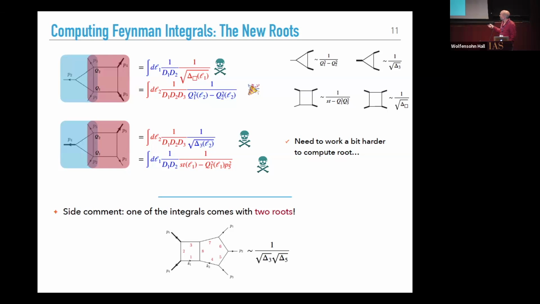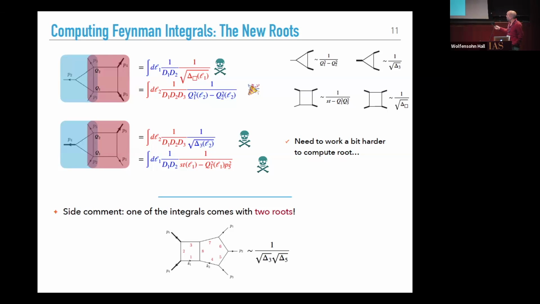For instance, here, if I first integrate out the red here, so I have a box with 4 massive corners, and this thing, the leading singularity, is some square root of some Gram determinant, turns out to be very close to this one. Anyway, something that doesn't look like a propagator. So I would not know very simply how to do the next integral over that, to then put the other things on shell to be able to identify the leading singularities.